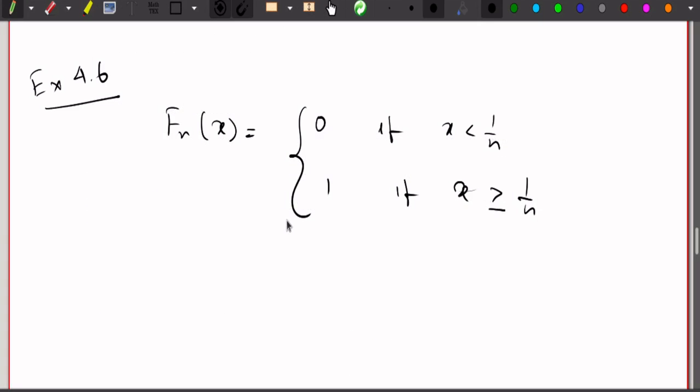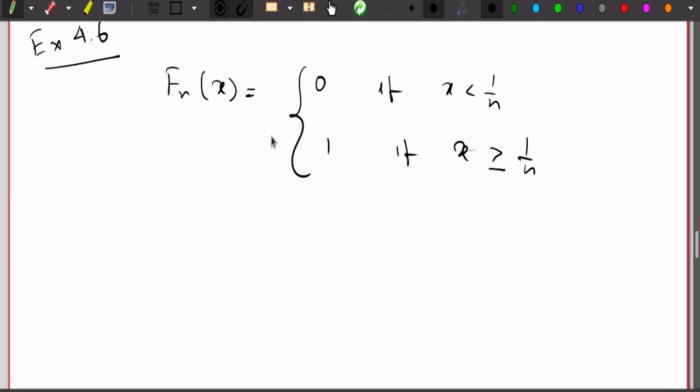For this we have these distributions and we check whether the pointwise convergence is there or not. So basically, for fixed x less than 0, x less than 0 means x is less than 1/n for any value of n.